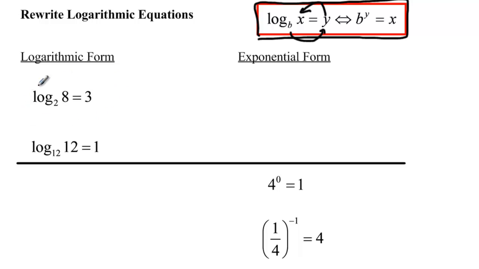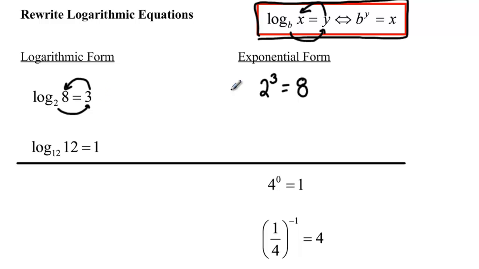If this is in logarithmic form, log base 2 of 8 equals 3, we need to put it in exponential form. So we start with the base of the logarithm, 2, raise it to the 3rd power, say that's equal to 8. And we know from our work with exponential functions that 2 to the 3rd is equal to 8. And so there's our equation.